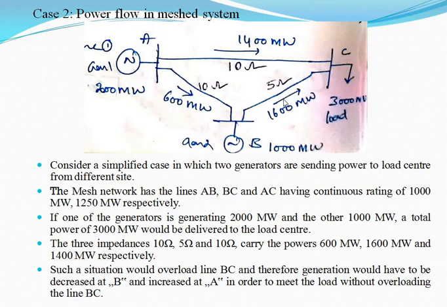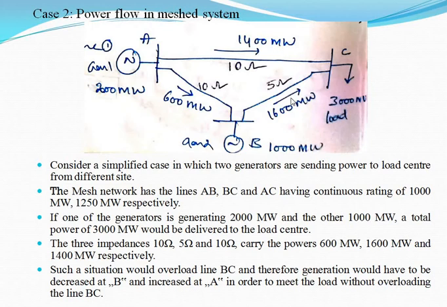So in order to avoid this 1600 megawatts, if you increase the generation from 2000 megawatts to, say for example, 2600 megawatts, so that this line carries 2000 megawatts, and here if you reduce to 400 megawatts, 400 plus this 600 megawatts, total 1000 megawatts will carry through this transmission line, and 2000 megawatts through this transmission line.